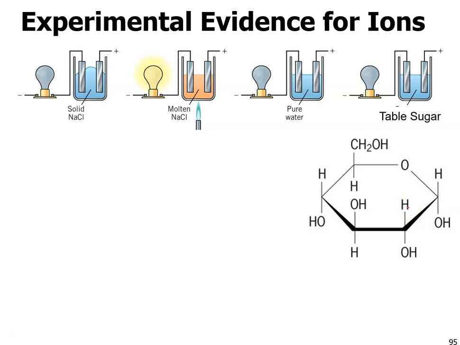So the difference between an ionic compound and a molecular compound: molecular compounds don't fall apart and there's no room for electrical conductivity, while ionic compounds do fall apart. They don't share their electrons, and because of that, there are typically little holes for electrons to flow through and to activate, for example, a light bulb, or allow for electrons to flow through them.